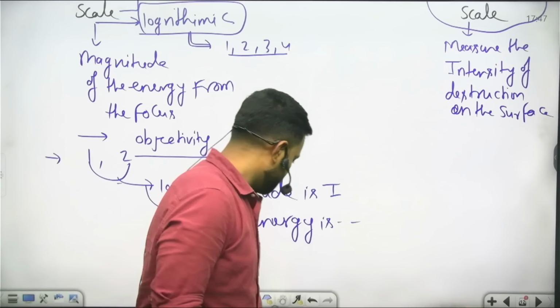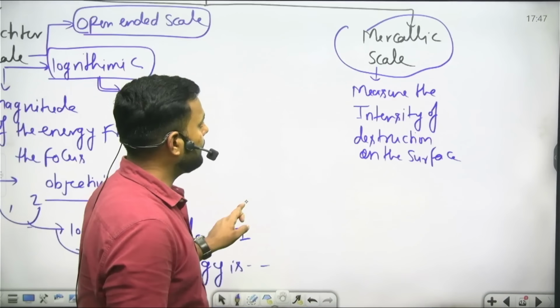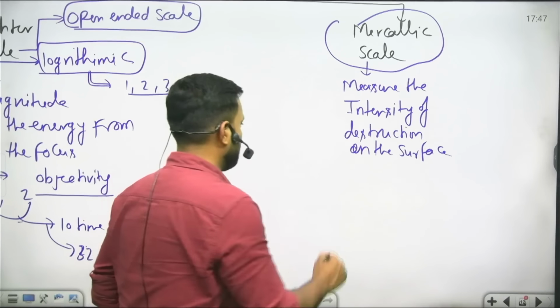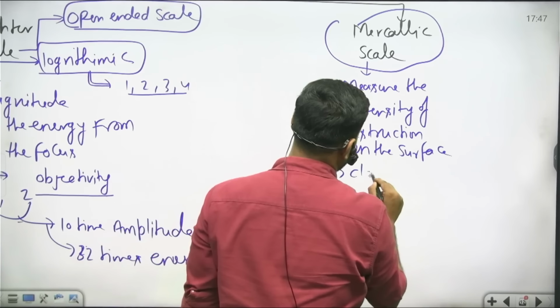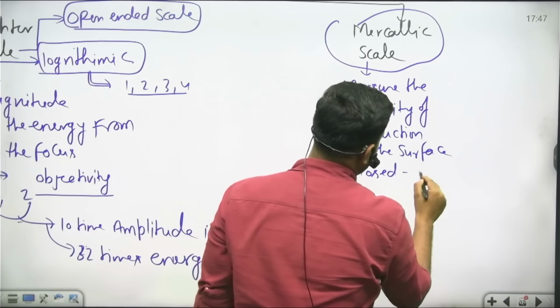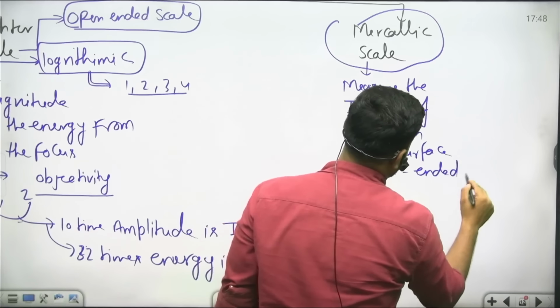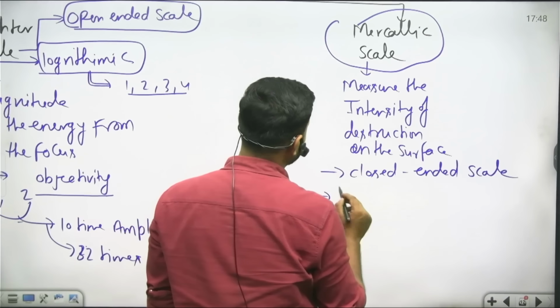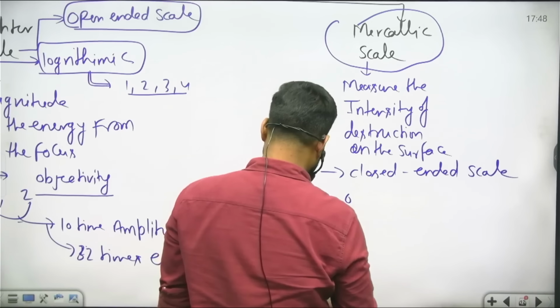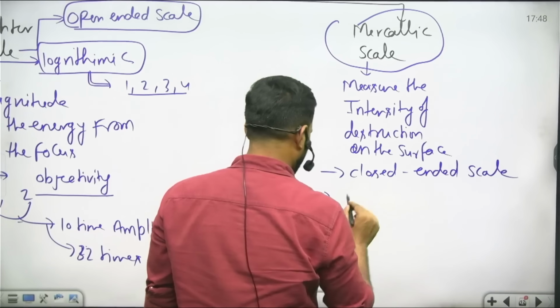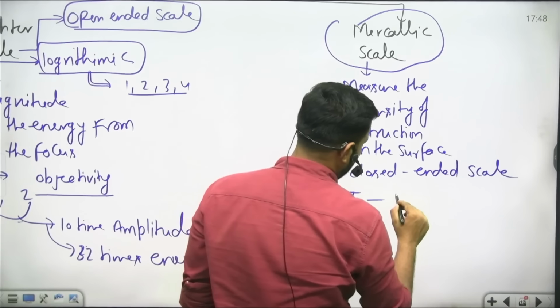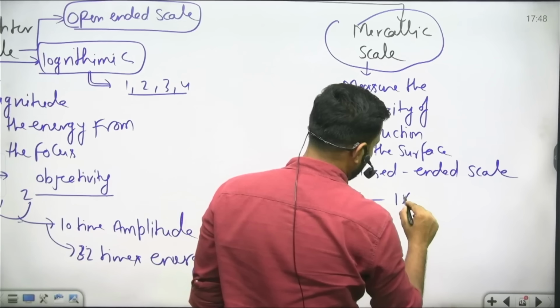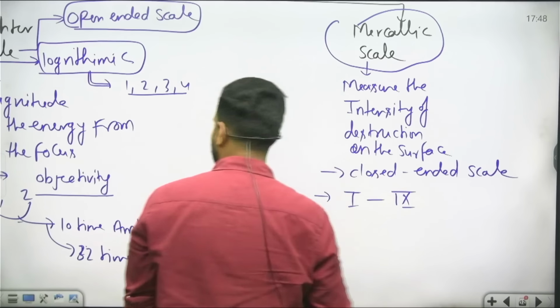Whereas in the Mercalli scale it is a closed ended scale. ठीक, and it is between 1 to 12. तो ये क्या होता है भाई, 1 to 12 है, ये भी ध्यान में रखना है.